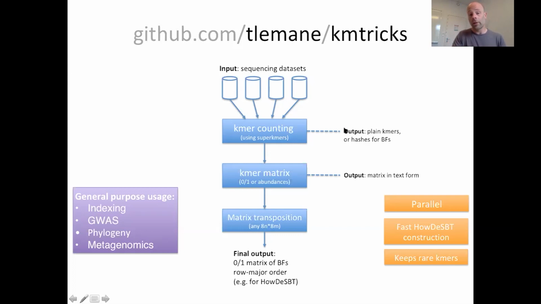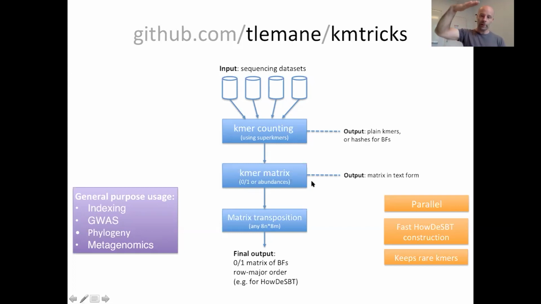So there is this classical step of K-mer counting using super kmers. You can output plain kmers with their abundance or only presence absences as hash values or Bloom filters also. We are able to propose the full K-mer matrix, once again with only their binary values or their abundances.